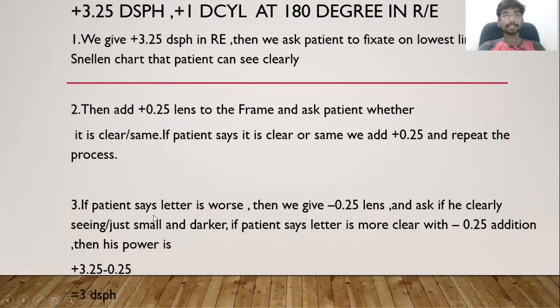If the patient says the letters are worse with the plus 0.25 lens, then we give the patient a minus 0.25 lens and ask if he is seeing more clearly or if it is just smaller and darker. If the patient says the letters are more clear with minus 0.25, then we have to subtract 0.25 from plus 3.25. So his final sphere becomes plus 3 diopter sphere.